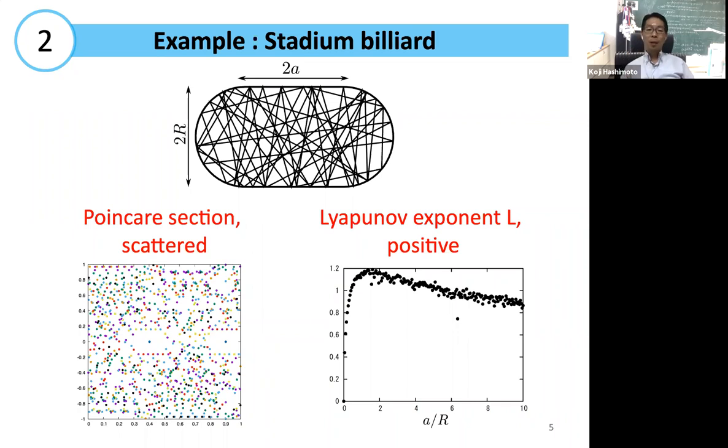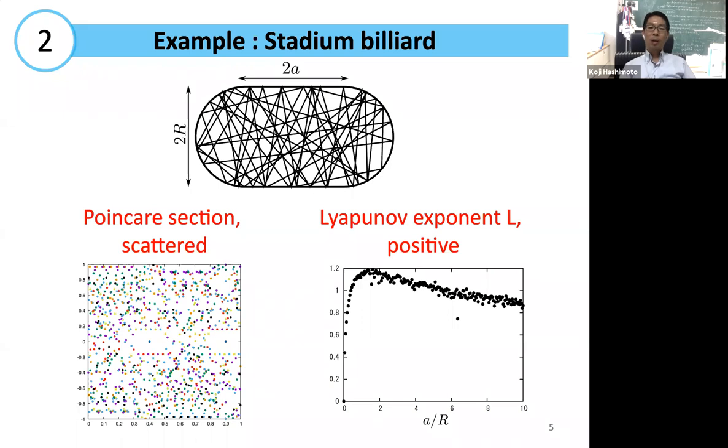The reason is that when A over R is 0, it means that R is infinite and A is 0. So the stadium is circular. And a circular billiard system is non-chaotic. However, if A and R are non-zero and finite, then it shows a positive Lyapunov coefficient. And that means exponential growth of the distance between these two initial conditions.